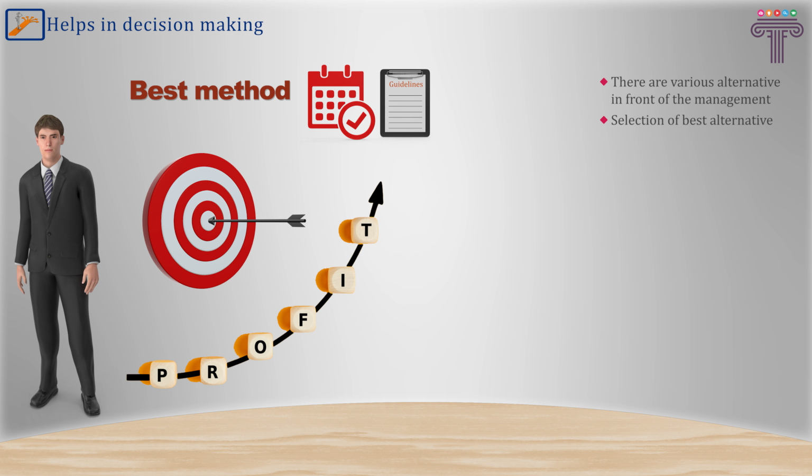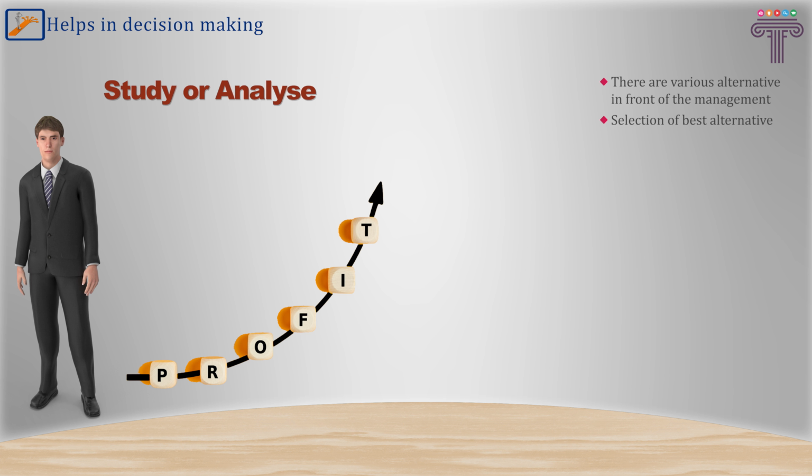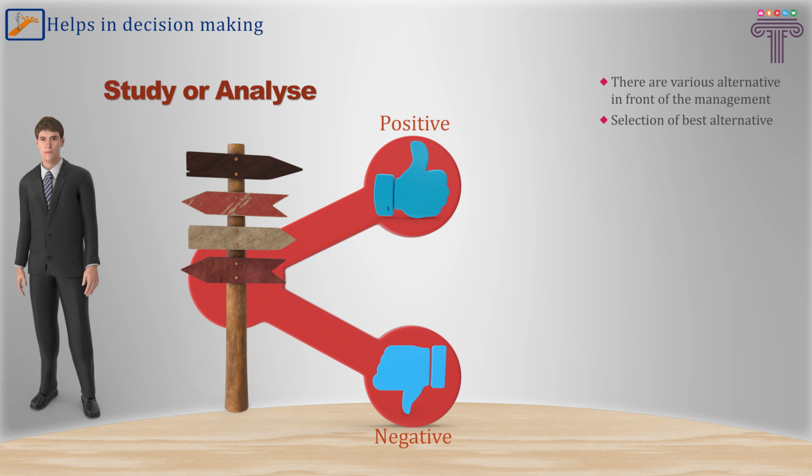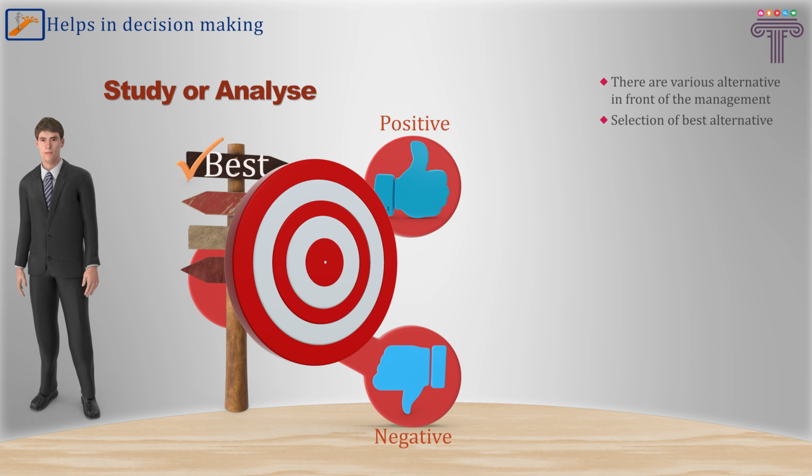So understand, in order to achieve the organization's goals, there are various alternatives. So what the manager has to do is study or analyze all the positives and negatives of different alternatives, and then decide on a specific alternative and achieve the organization's goal. In that, the manager has to take a lot of rational decision making.